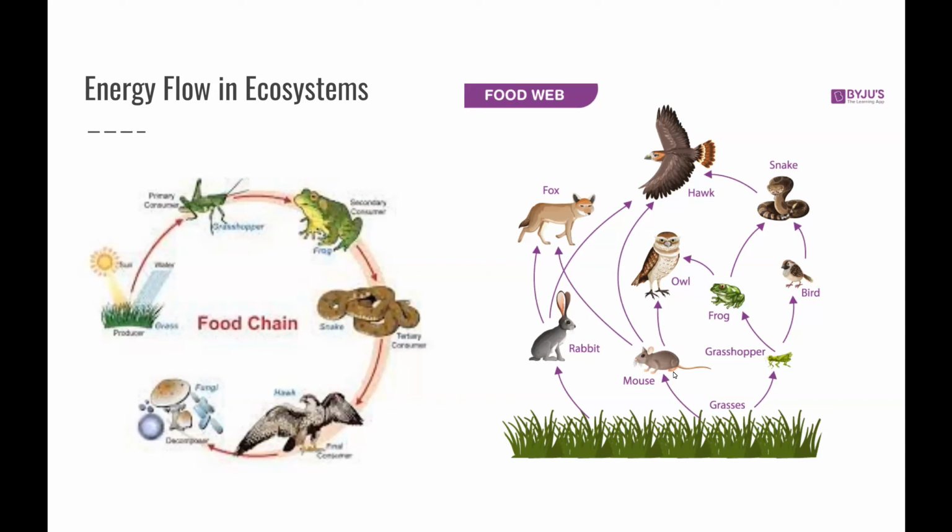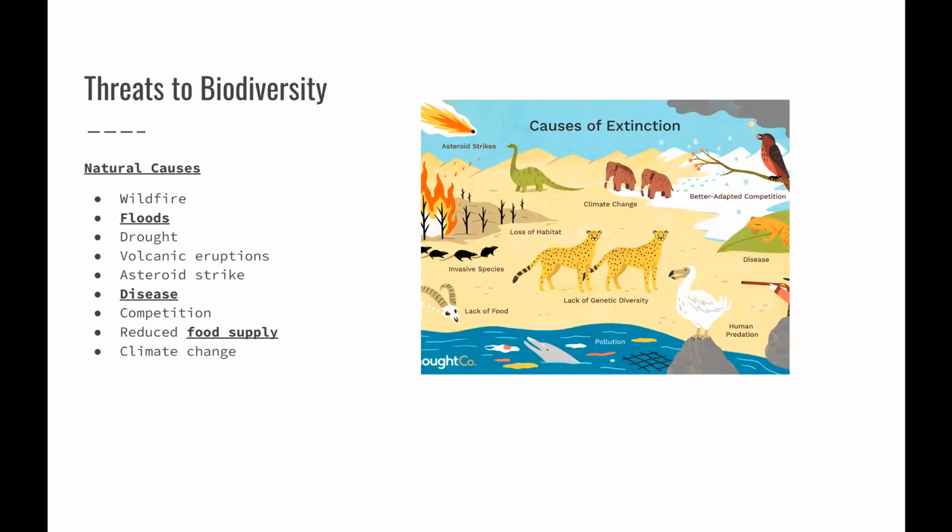And so that means that this ecosystem has some biodiversity. So when one thing happens to one particular organism, it doesn't kill off all the other organisms if they have other sources of food. That is what biodiversity does.